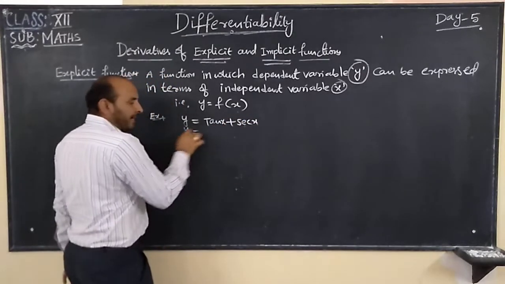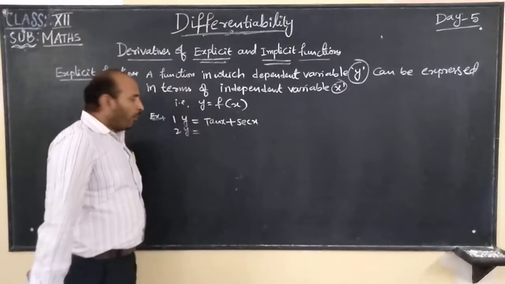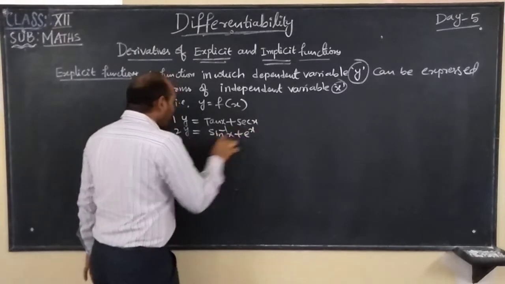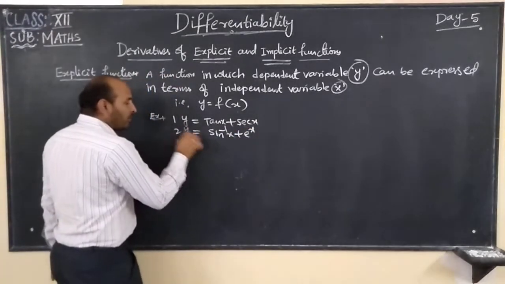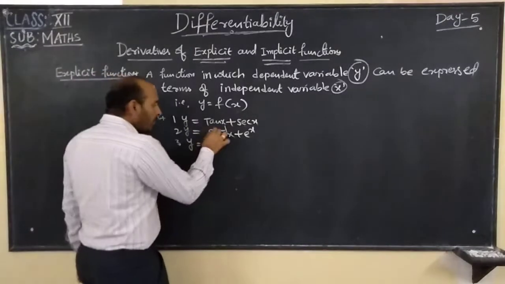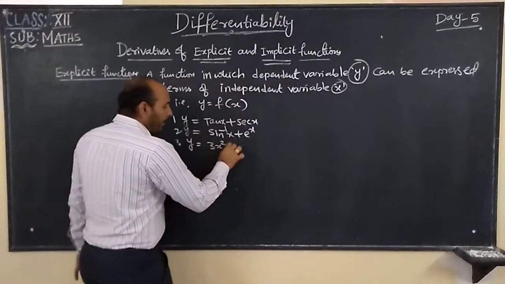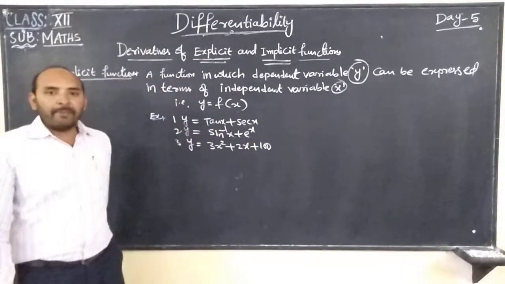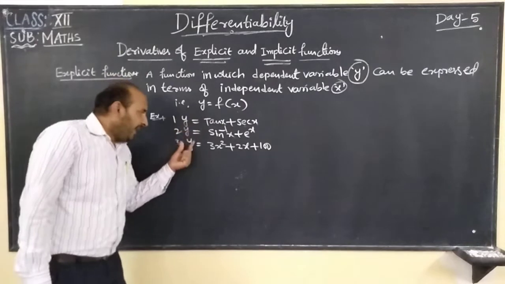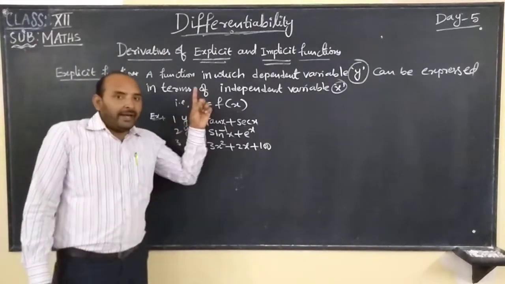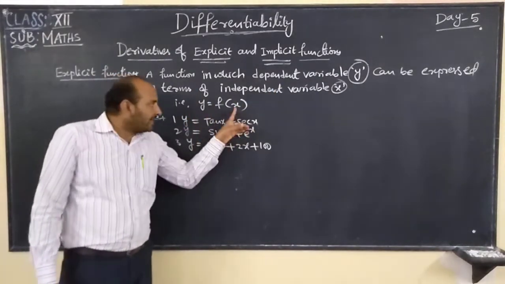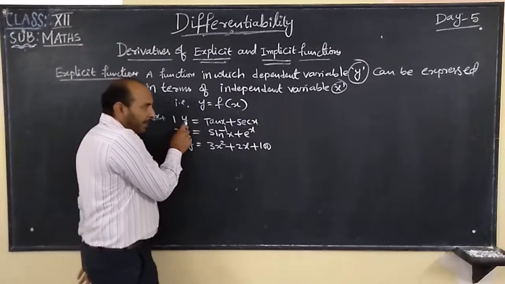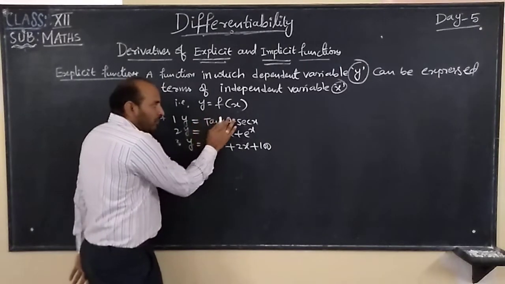Second example, y is equal to sin inverse x plus e power x, and third example, y is equal to 3x square plus 2x plus 100. You can observe this type of example. Y is the dependent variable and x is the independent variable.